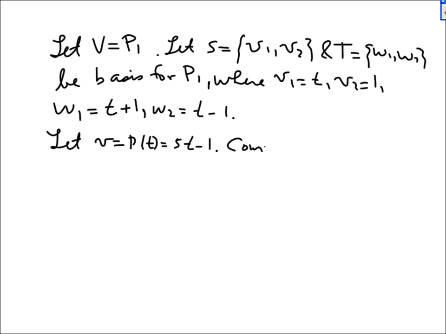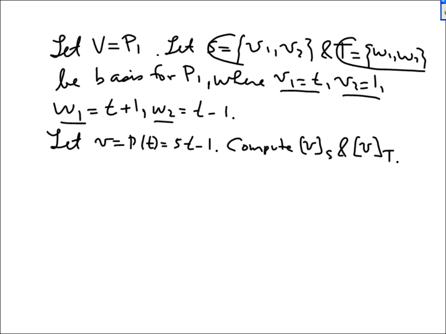And we want to compute the coordinates of V with respect to basis S, and the coordinates of V with respect to T. Now, just to point out, V1 and V2, they do not match W1 and W2. That is, basis T is not just a reordering of basis S, but that doesn't matter.